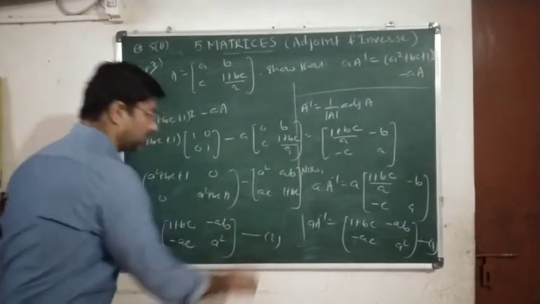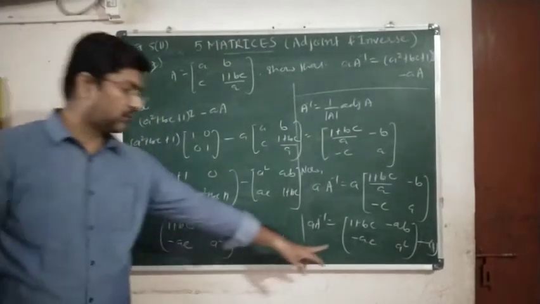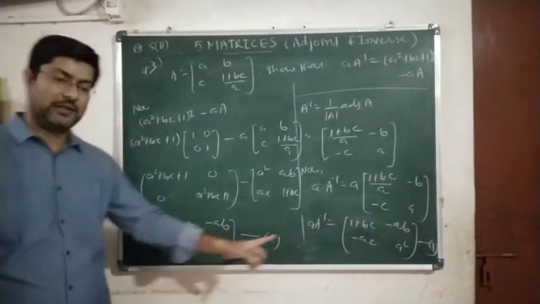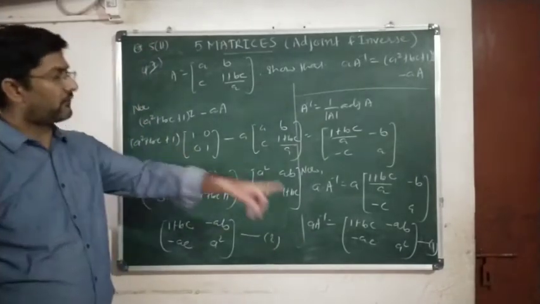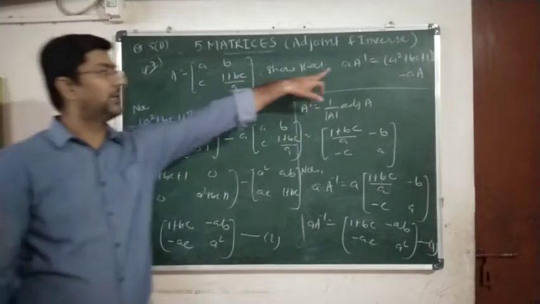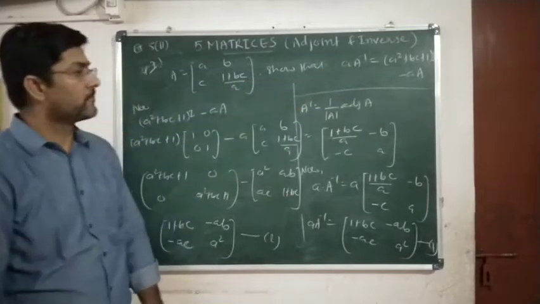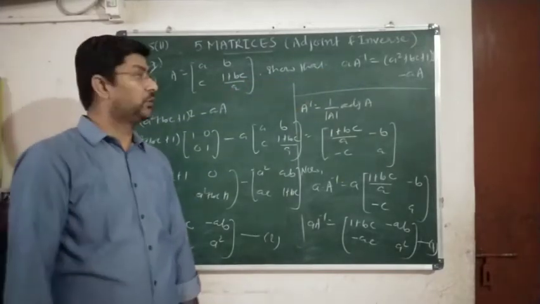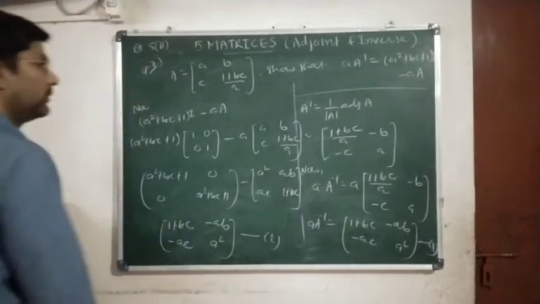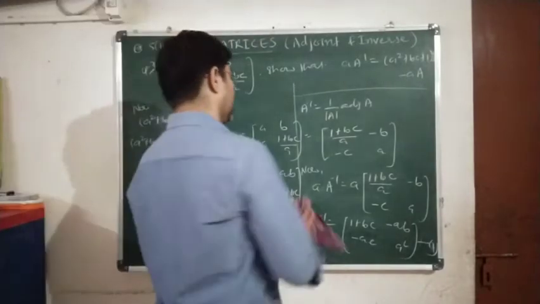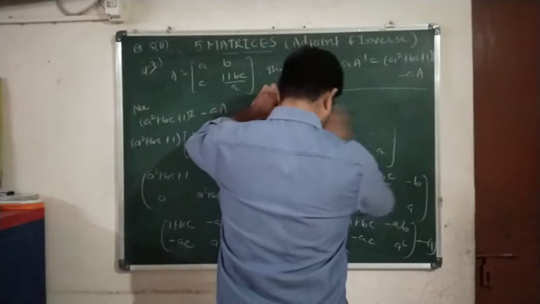So now you can compare the first and the second results. You will find both are equal, and therefore from 1 and 2 we can say that A into A inverse is equal to (A square plus BC plus 1) into I minus A into matrix A. So final statement we will write down.